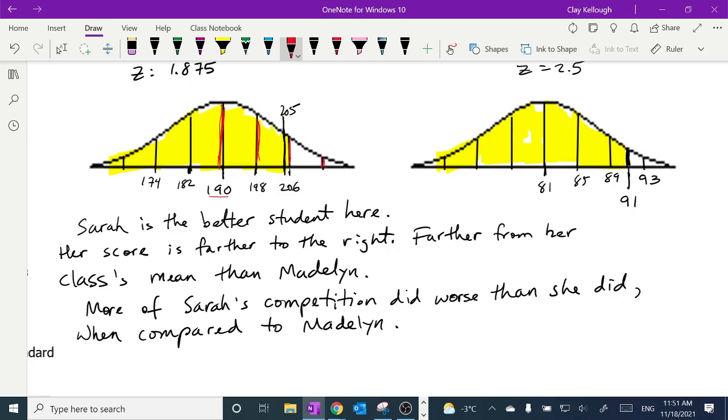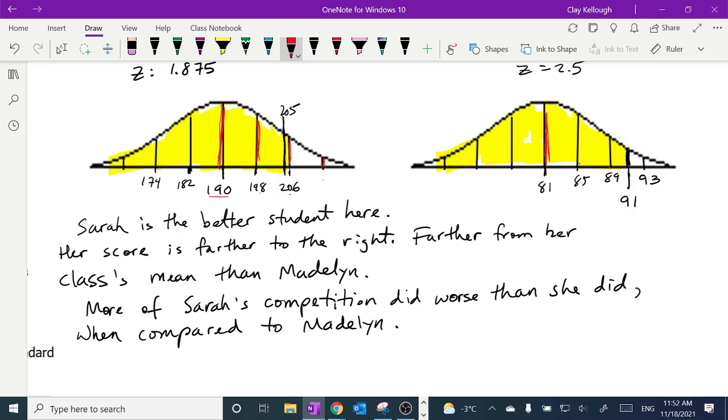So I was just counting: 190 plus 8, plus 8, plus 8. This one, the mean was 81 and the standard deviation was 4. So starting here at 81, plus 4, plus 4, plus 4. And as you can see, Sarah's got more of her class worse than Madeline does.